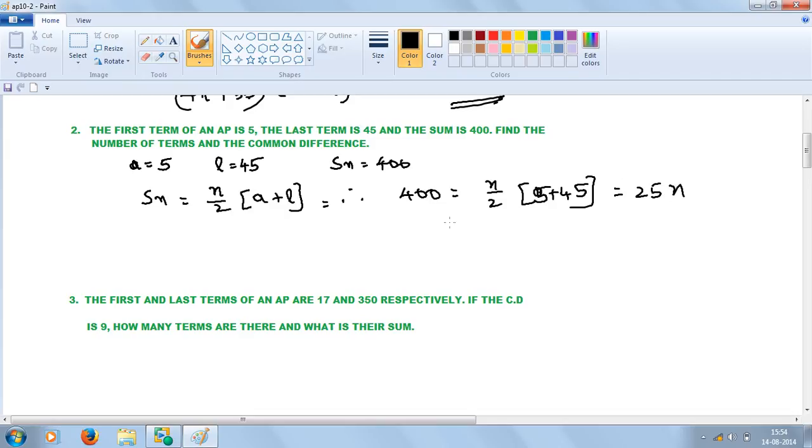If we divide both sides by 25, n is equal to, sorry, it's not 12. If we divide by 25, it is 16. So 400 divided by 25.